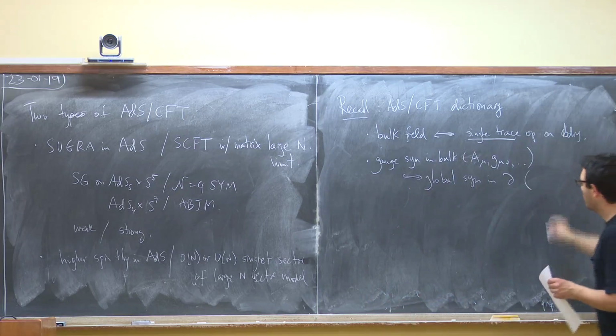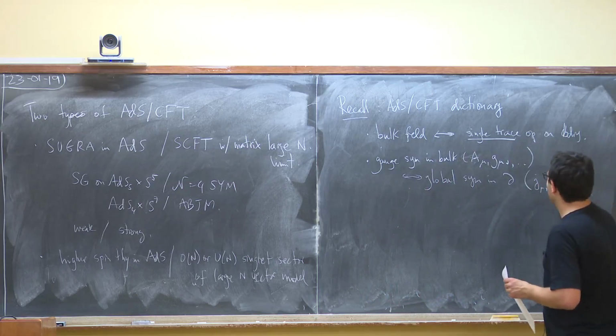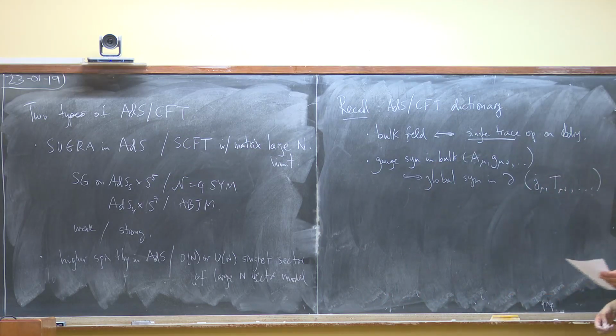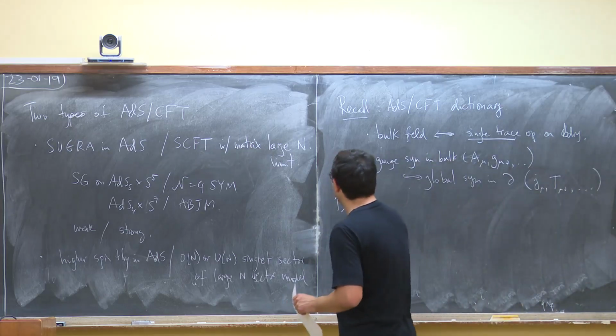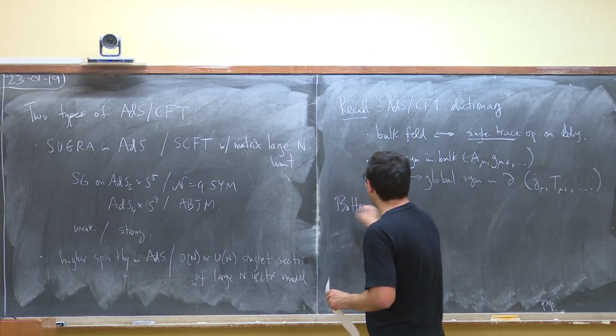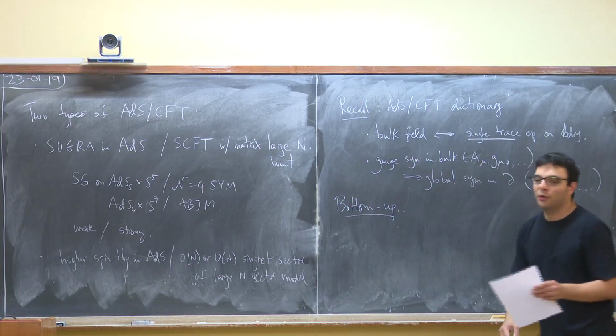So we have a conserved current or the stress energy tensor and so on. So let's just do a bottom-up construction of the bulk duals, starting with the boundary theories.